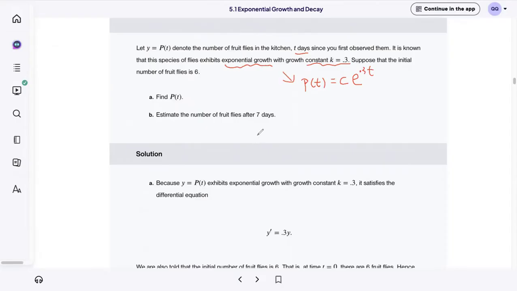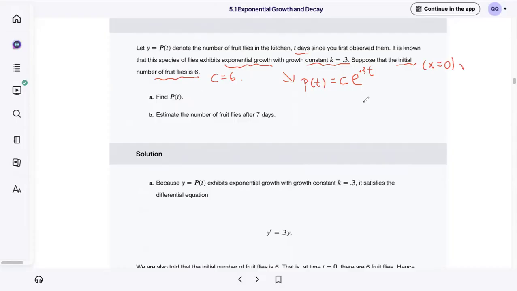Suppose that the given initial condition, the initial number of fruit flies, is 6. Which means c equals 6. Initial means the x value equals 0, right? Initially, x equals 0, so the number of fruit flies is 6.